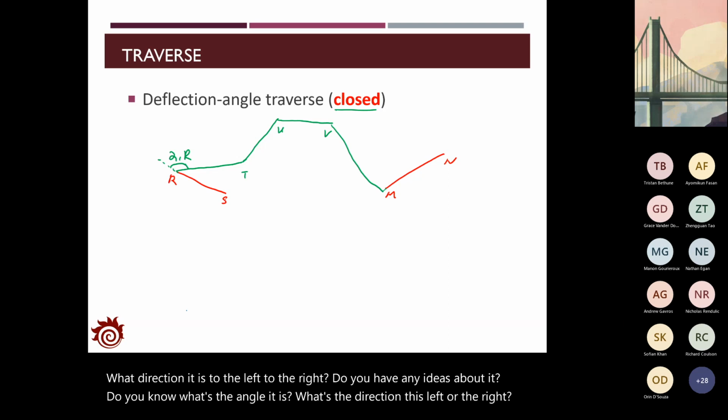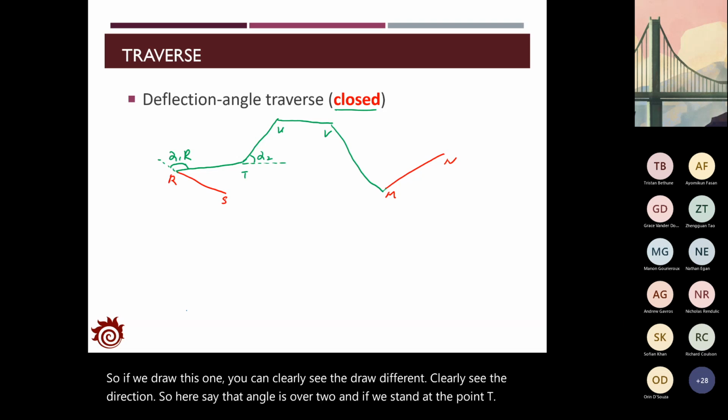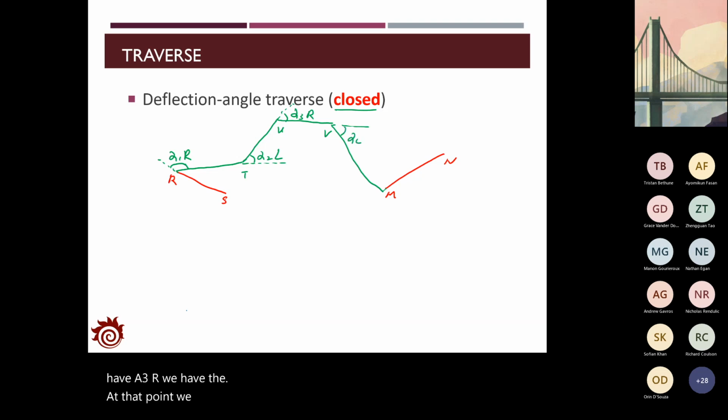So if we draw this one, you can clearly see the direction of the deflection. Here the angle is alpha 2, and if we stand at the point T, the angle is to the left, so it's alpha 2L, and similarly at the point U, we have alpha 3R. At the point V, we have alpha 4R, and at the point M, we have alpha 5 left.